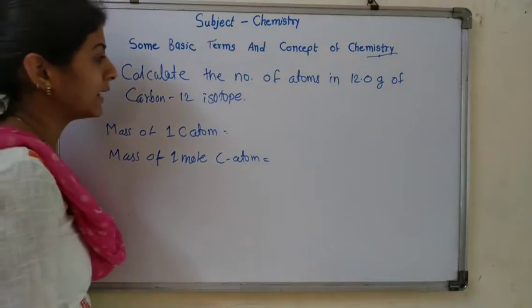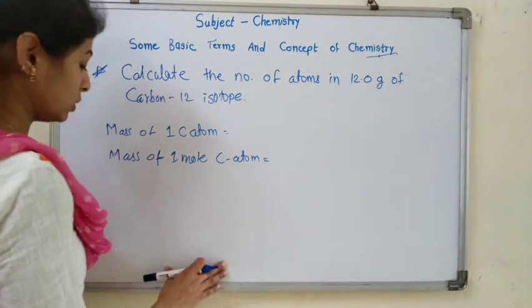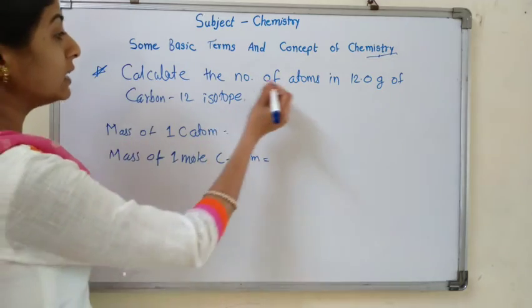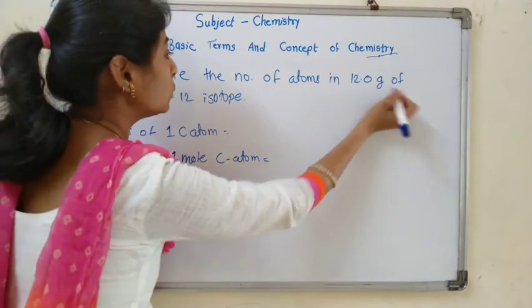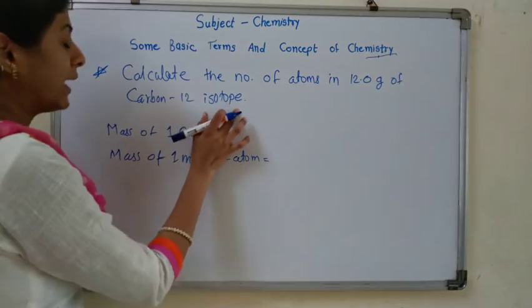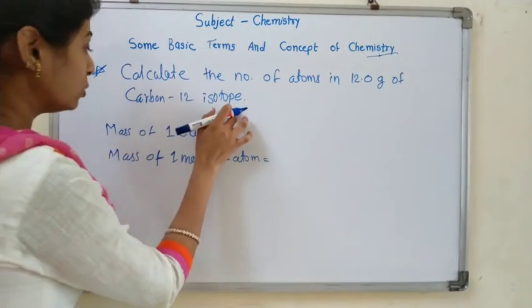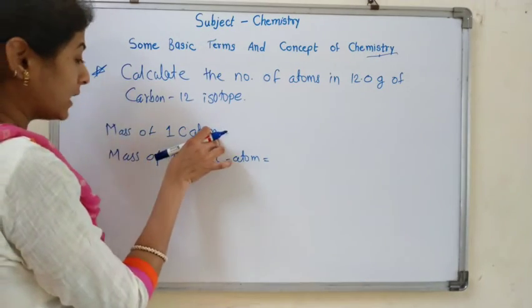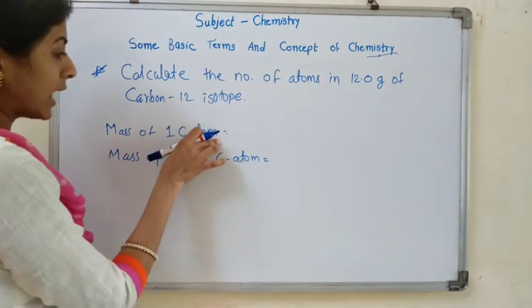Now to understand the concept of mole, let us assume this example. We have to calculate the number of atoms present in 12 gram of carbon isotope. So what will we have to do first? We have to know the mass of 1 carbon atom. What is the mass of 1 carbon atom?